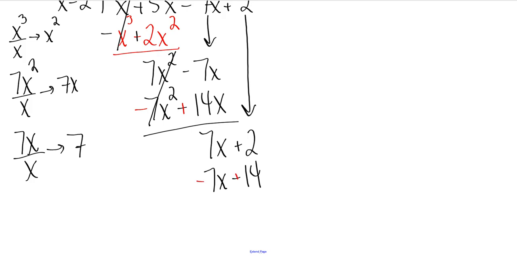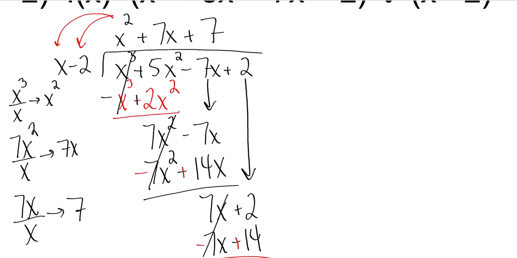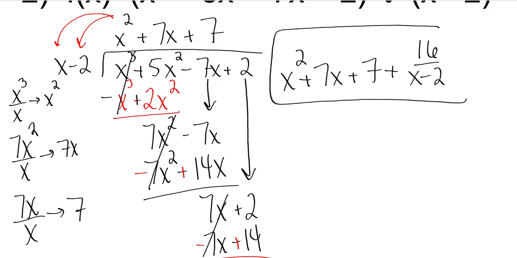Don't forget to change the signs. The 7x's go away. We've got a 16 left over. So 16 is the remainder, and remember how we wrote it. And we have this stuff up here. And then our remainder, which is 16, goes over the x minus 2. And you have completed your polynomial division.